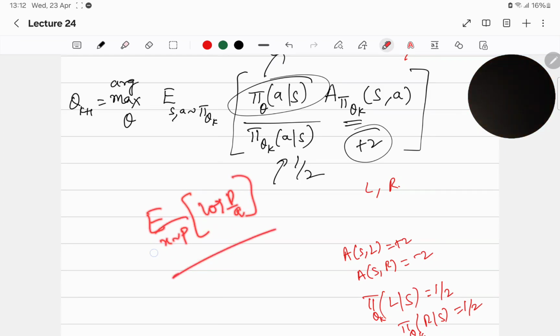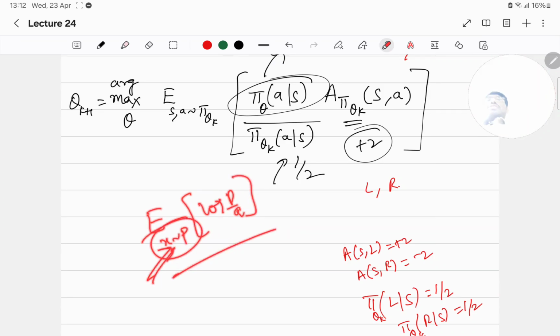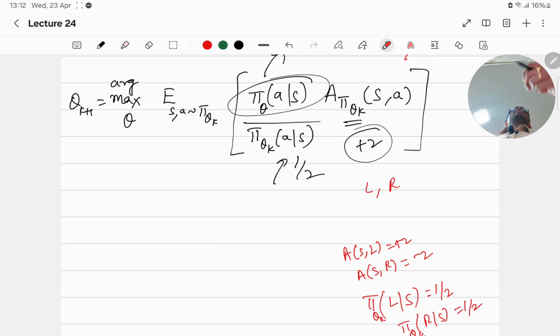The expectation you are taking is what creates the asymmetry. Here we take that expectation with respect to our current policy, because only with that policy can you sample. So there won't be any issues as such with the asymmetry of KL divergence.